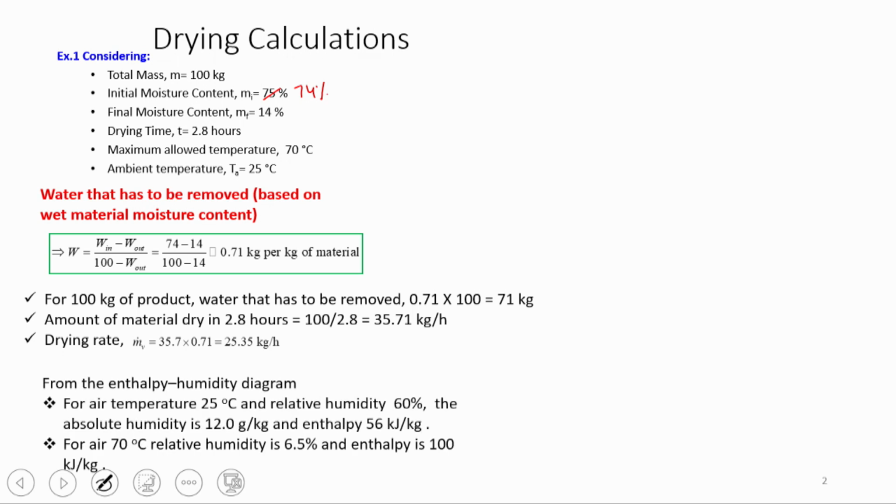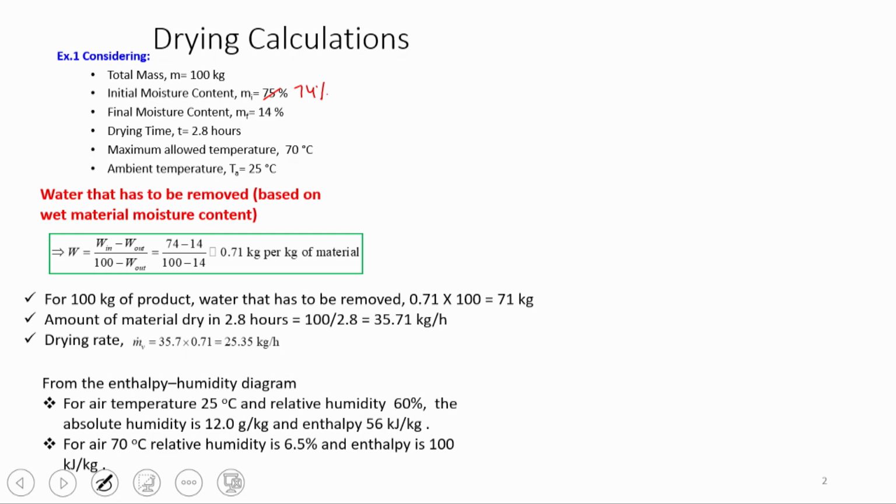So, we need to use an enthalpy humidity diagram. You need to find out what could be the relative humidity at this condition. That chart is available, you can just browse it. For your convenience, I have given these values here. For air at 25 degrees C and relative humidity 60%, absolute humidity is 12 gram per kg, and enthalpy is 56 kilojoule per kg.